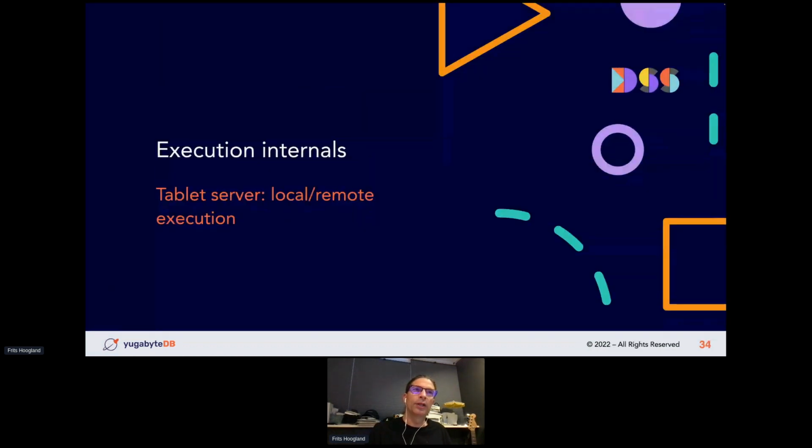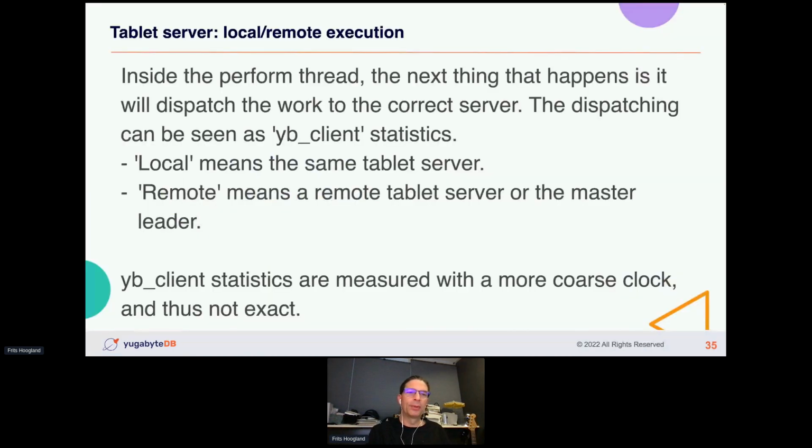The next one is the local and remote execution decision. Inside a perform thread, the next thing that happens is it will determine where the work needs to be dispatched. This dispatching can be seen with the statistics which are marked YB client, and it will be shown as local and remote. Local means the same tablet server.